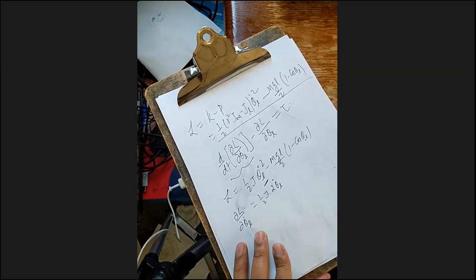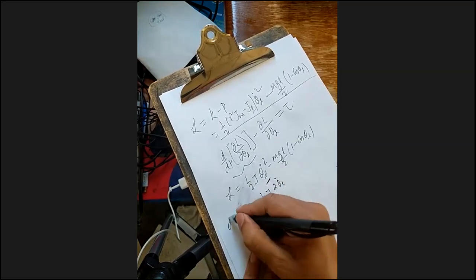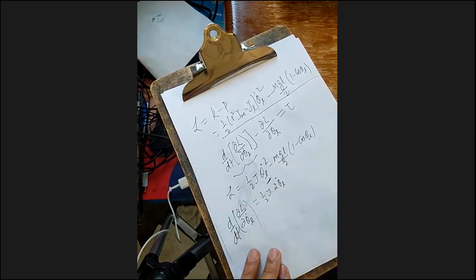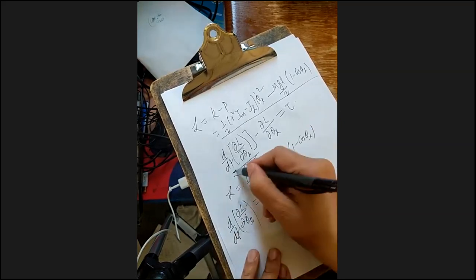Now you have to take the derivative of this again with respect to t, because we need that here.